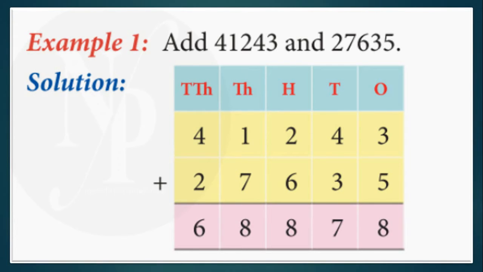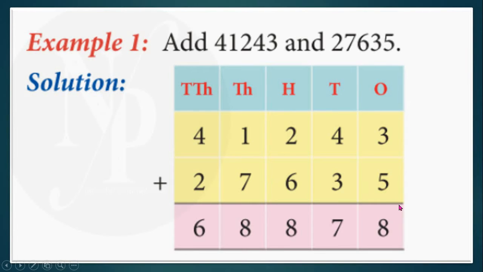While adding, we write the given numbers vertically, one below the other according to their place values, starting from ones place. So 41,243 is written, and just below that 27,635 is written with a plus sign indicating we are adding these two numbers.